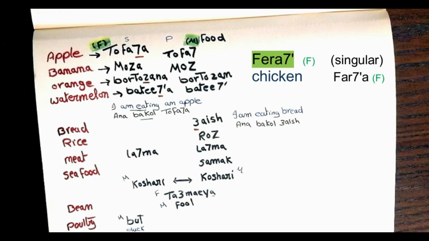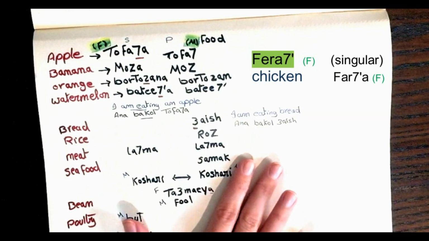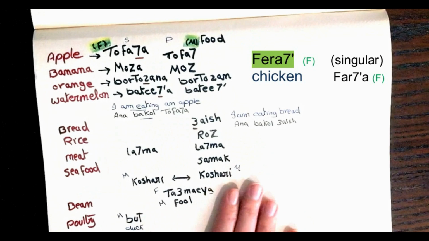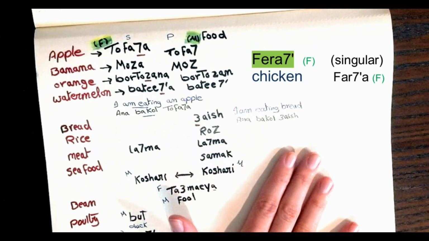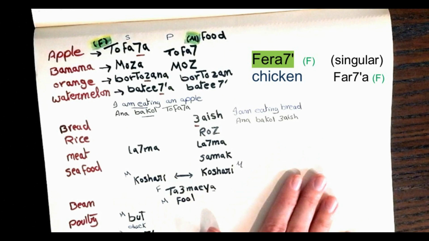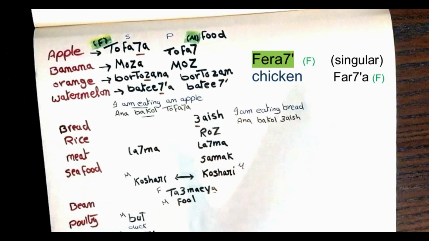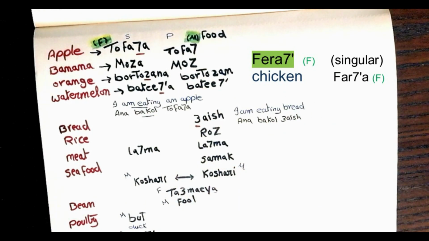It's unfortunate that we don't learn it in school, so I feel there is no systematic way of learning Egyptian dialect. But this is exactly what I'm trying to do here in these videos. So I hope I'm making sense, and I hope my videos are useful to anybody who is trying to learn the Egyptian dialect. Maybe you've already learned the MSA or just want to go straight to learn a dialect.